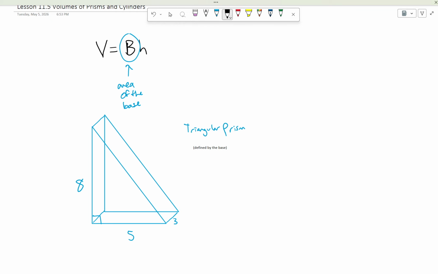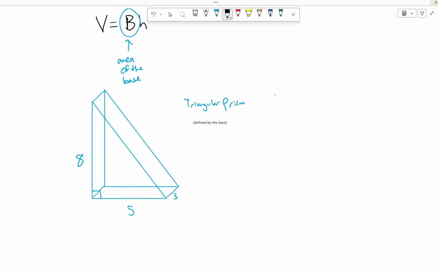The area is equal to 1/2 capital BH for that prism, right? So that's not the A, that's what capital B is. It's the area of that base, because it's the area of the triangle.